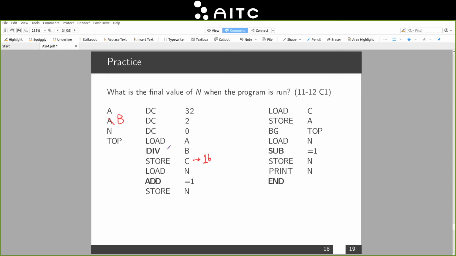Correct. Can you explain it? SUB is subtraction. Subtract. Minus.